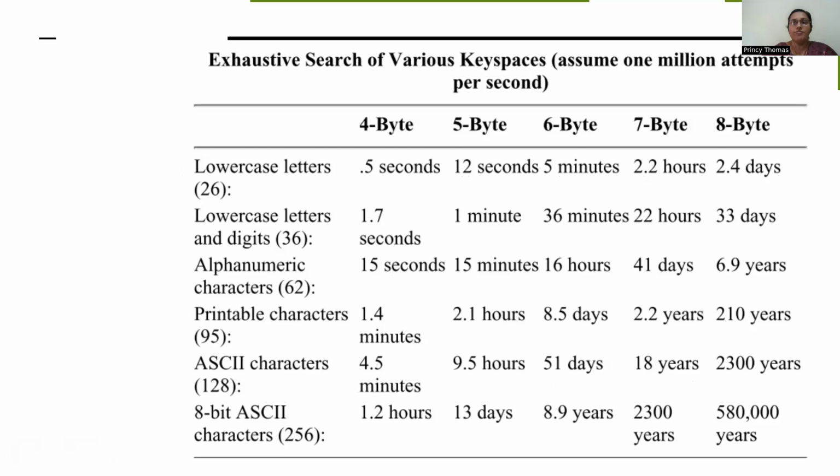If we assume that one system can do 1 million attempts per second, then look at this over here. If we are using 26 lowercase letters, then for a 4-byte key space, only half a second is required to break the key.